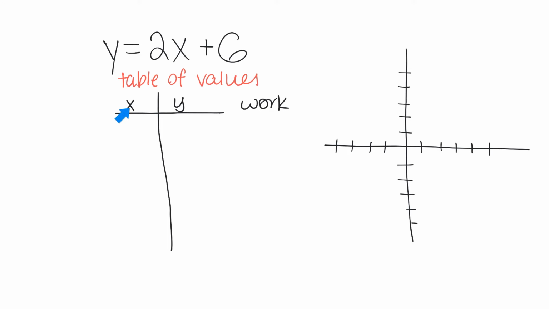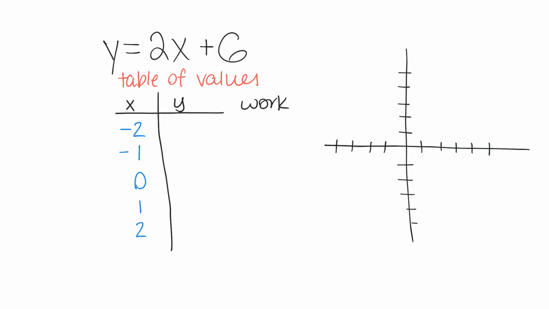You can literally pick any x in the whole world. And if it were me, you should always pick some negatives, a 0, a 1, and a 2. And what we're going to do is take each of these numbers and plug them in. So these are x's, so I'm going to plug them in for x, one at a time.